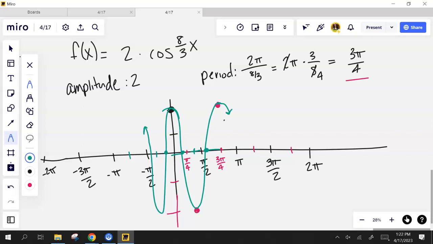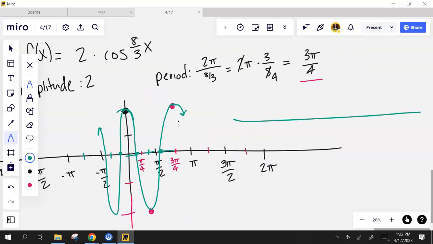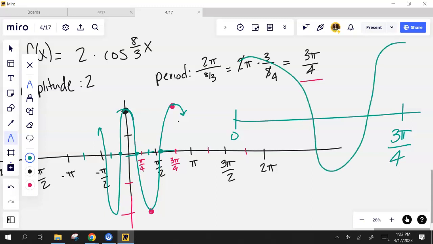Okay, what's confusing? Okay, so I needed to get it between, think about this, my period needs to be within this area. I need to get through a whole loop, right?